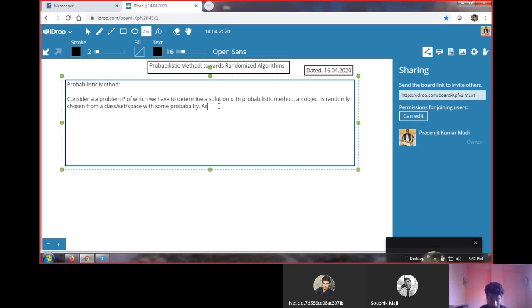As probability is always lying in the range 0 to 1, that is, probability is always positive, you can surely have a solution, a feasible solution.